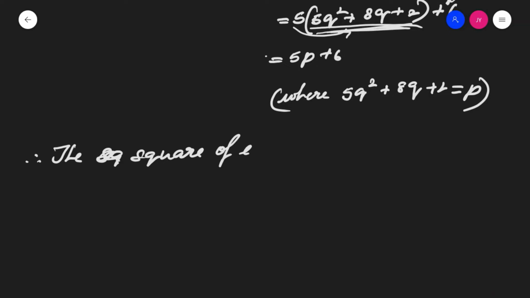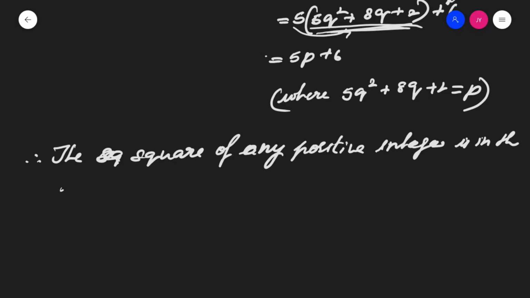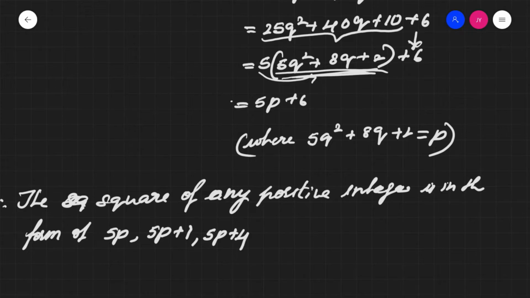The square of any positive integer is in the form of 5p, 5p plus 1 or 5p plus 4. You can see it, right?